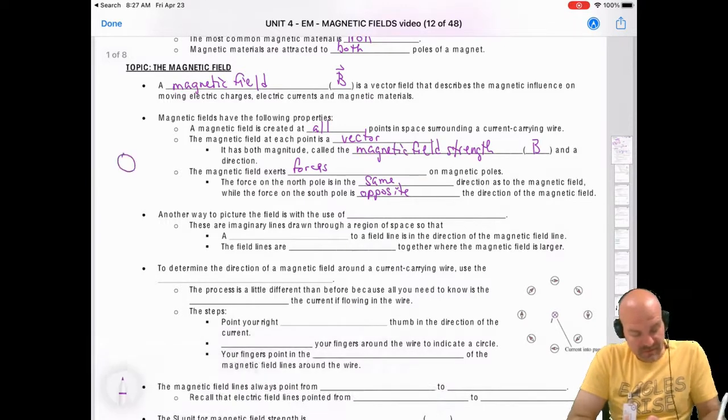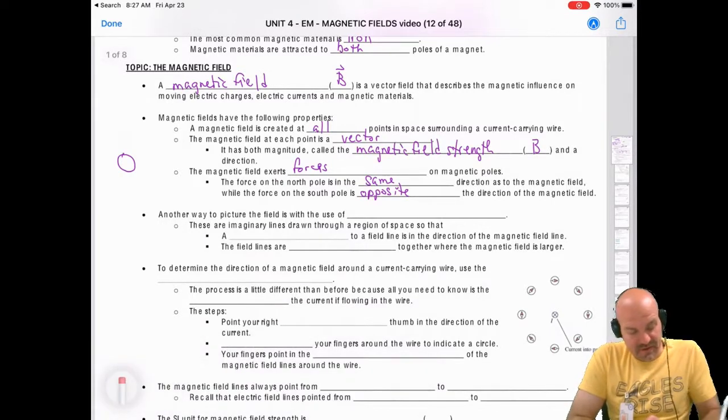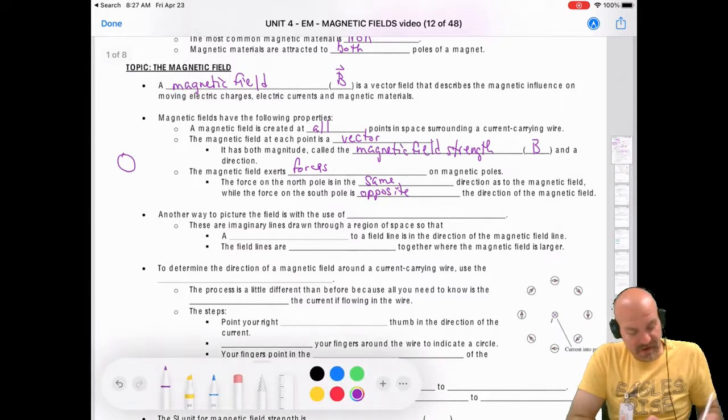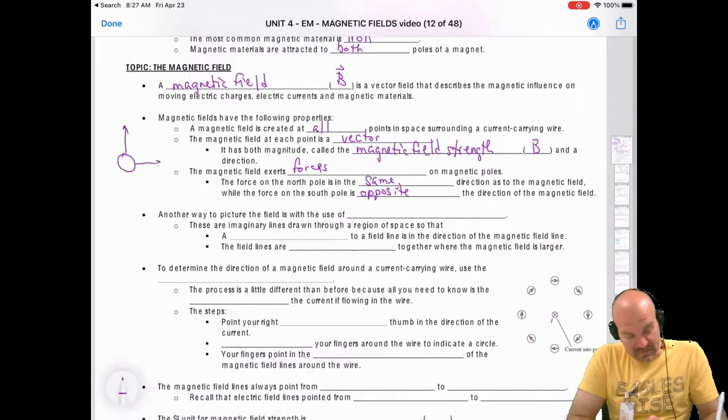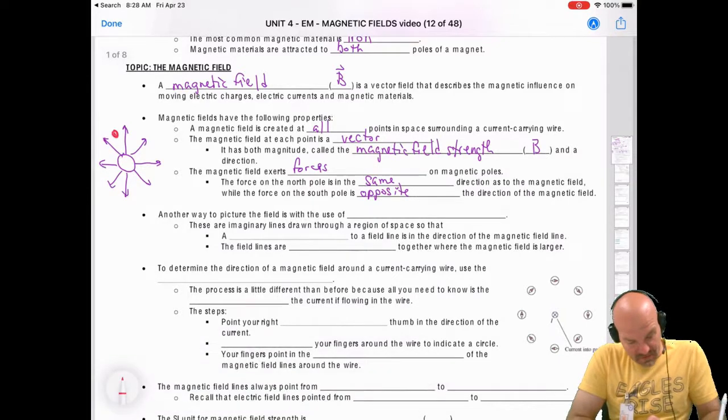So let me put it this way. If this is a magnet, not a current carrying wire, let's just talk about a magnet in general, we have these magnetic field lines that go out of north and into south. If I put another magnetic material right here, the north will point in the same direction.